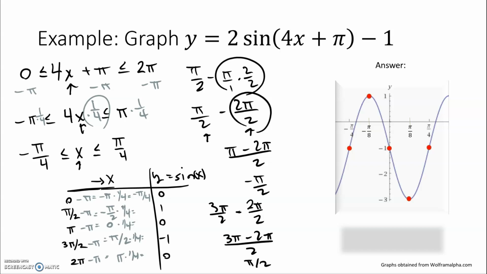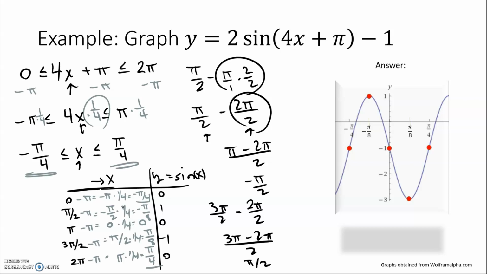Let's see, negative pi over 2 times 1/4. Well, that's going to be negative pi over 2 times 4, which is 8. 0 times 1/4, that's just going to be 0. Pi over 2 times 1/4, that's going to be pi over 2 times 4, which is 8. And then pi times 1/4, hey, that's just going to be pi over 4. Notice my beginning is the same here, and my end is the same here.